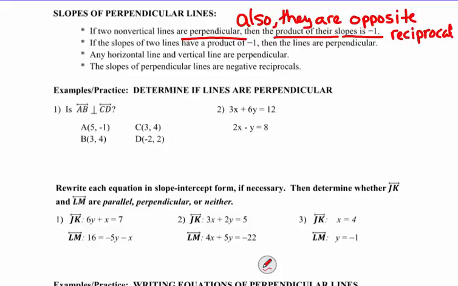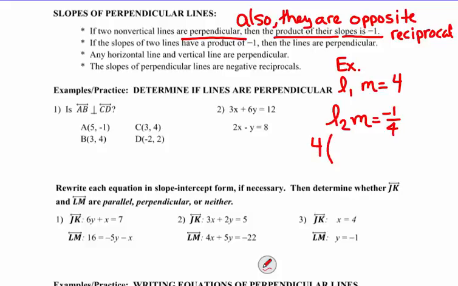Here's an example. If line 1 has a slope of 4 and line 2 has a slope of, let's see, the opposite reciprocal of 4 is -1/4, then line 1 would be perpendicular to line 2 because the product of their slopes is -1.